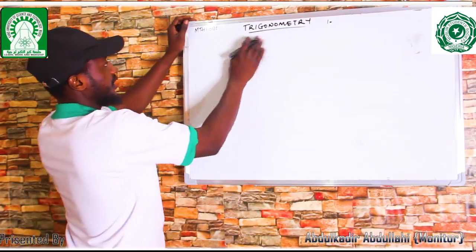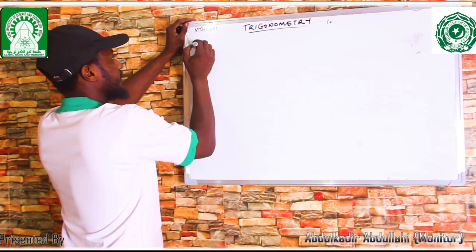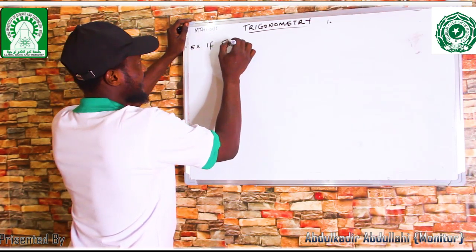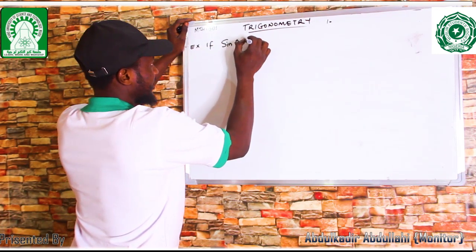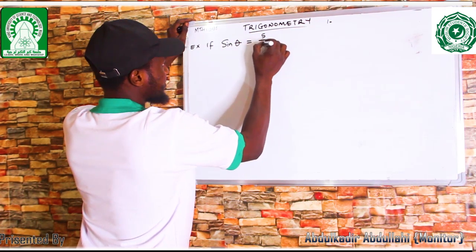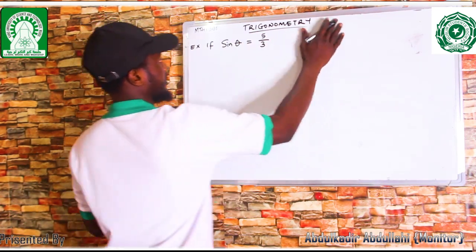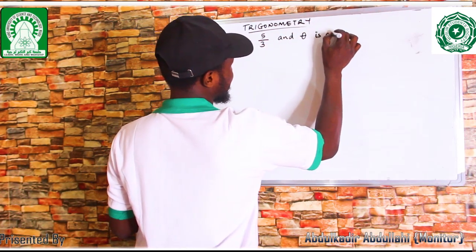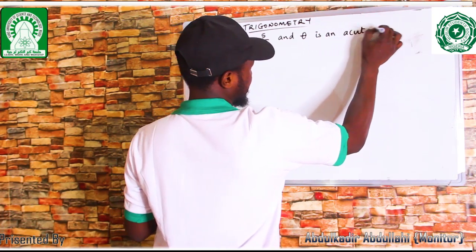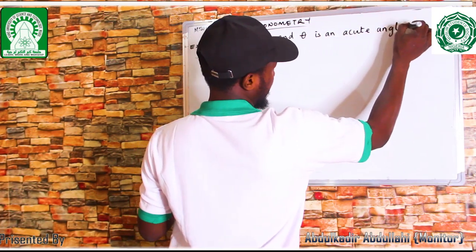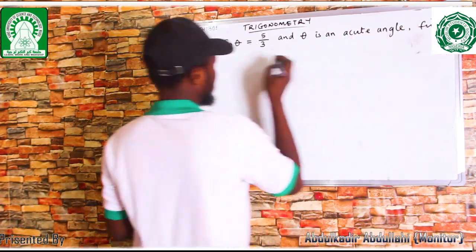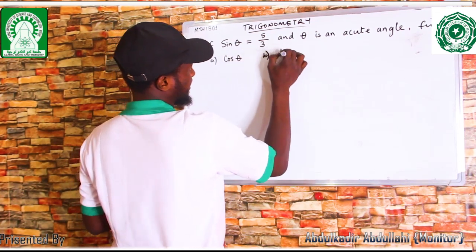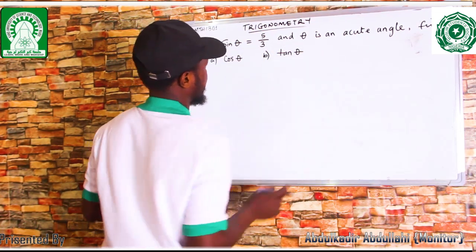Example. If sine theta is equal to 5/3 and theta is an acute angle, find A, cos theta, and B, tan theta.